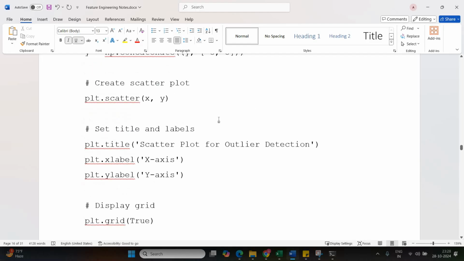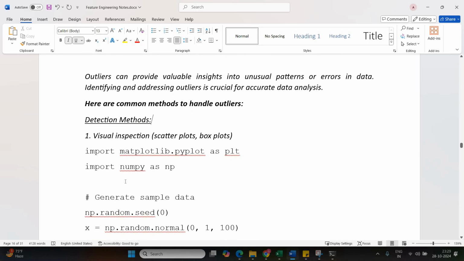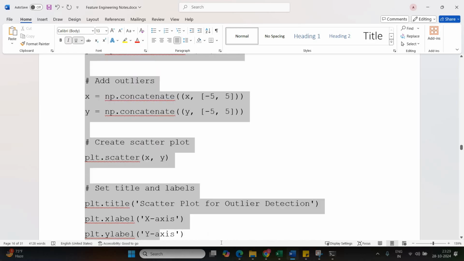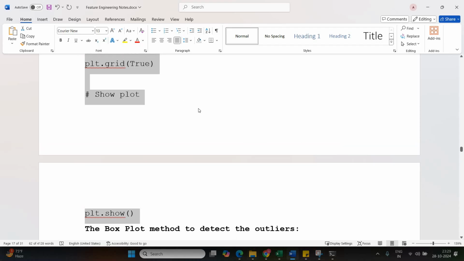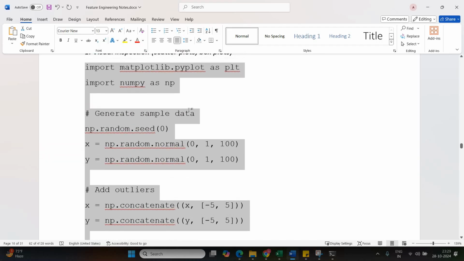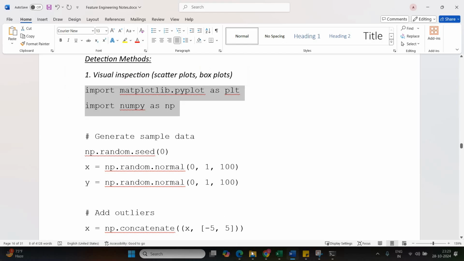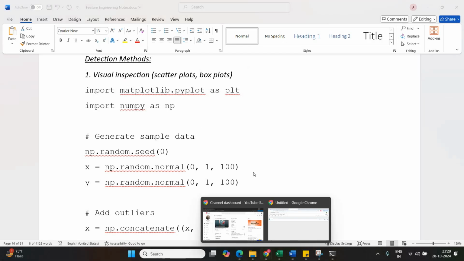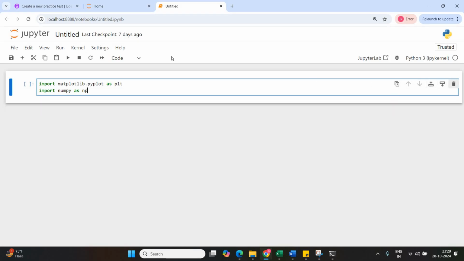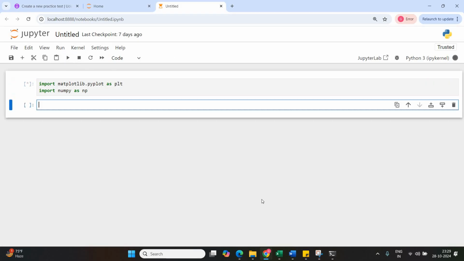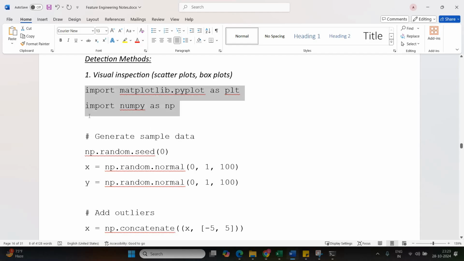So let me do the visual inspection. Copy and paste. Before copying and pasting, let me do it in different sections. So let me put it here. First section, let me see if we are able to find it out. Okay, we are able to do it.